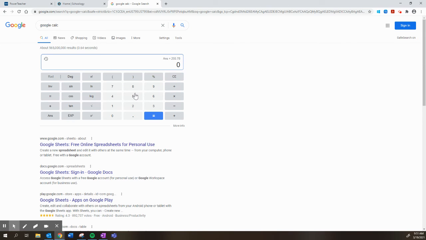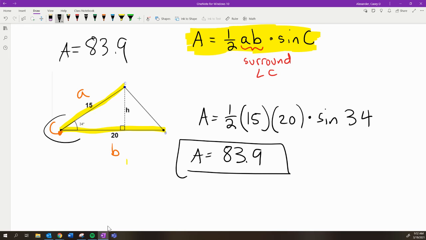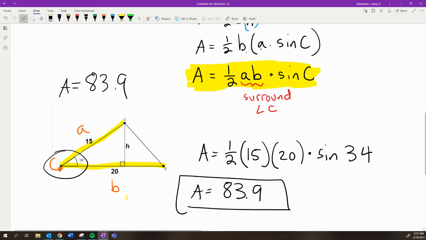Here we go. 0.5 times 15 times 20 times the sine of 34 degrees is 83.9. That's right. So if you know the two sides that surround the angle, you can use this new formula, and you can find the area of a triangle without actually knowing the height. If you know the angle but not the height, you can use this formula, 1/2 AB sine C. Good luck.